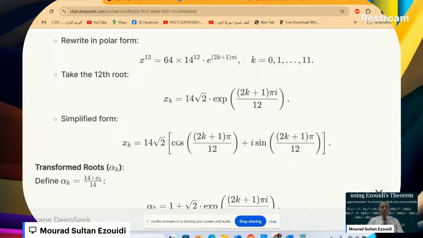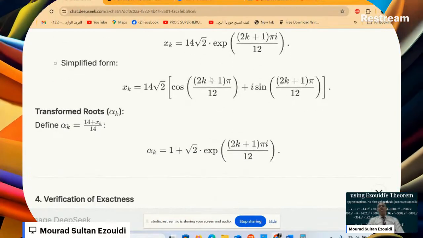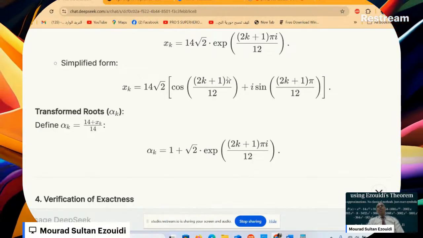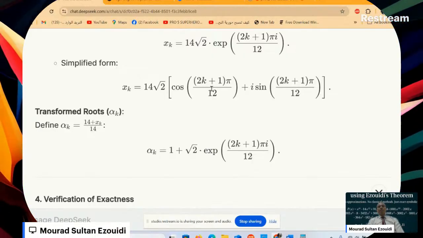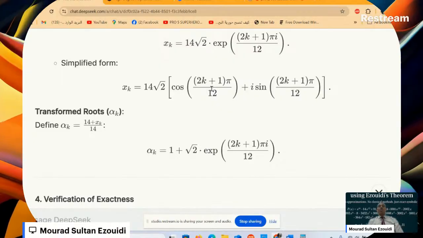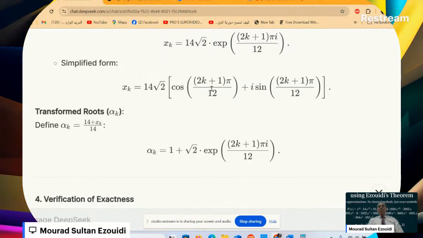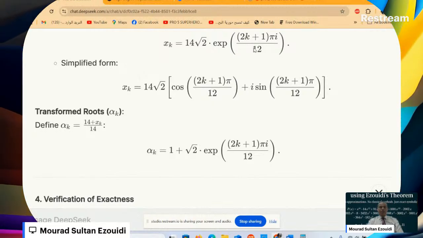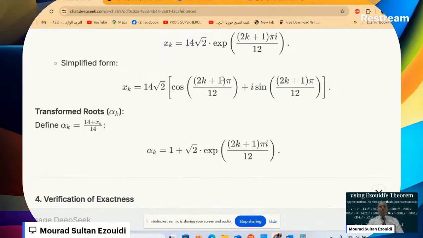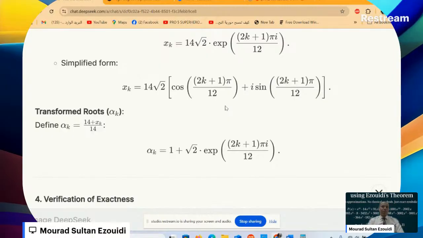So this is 14 as we told. This is written using the Moivre formula, because cosine theta plus i sine theta, that is exponential i theta, raised to the power n is equal to cosine n theta plus i sine n theta. That's why with the exponential we change it to polar form, the Moivre formula.